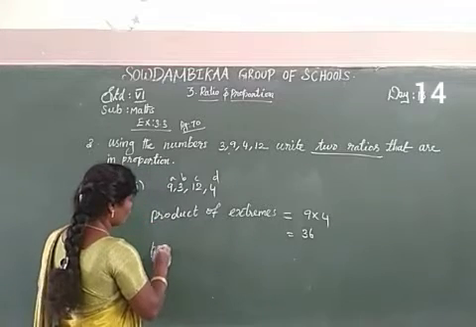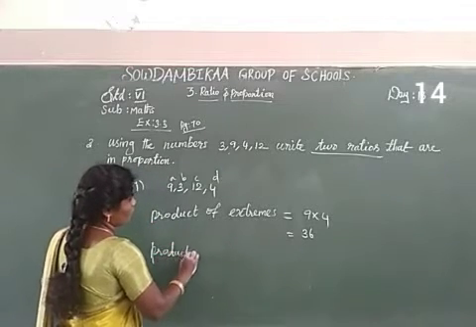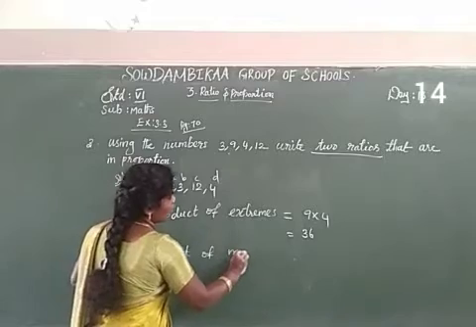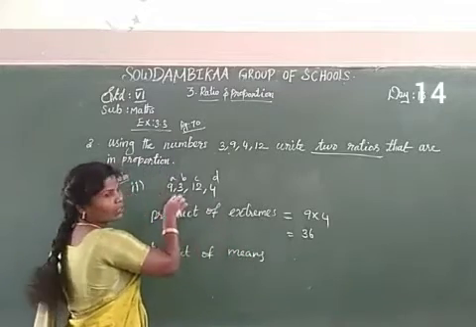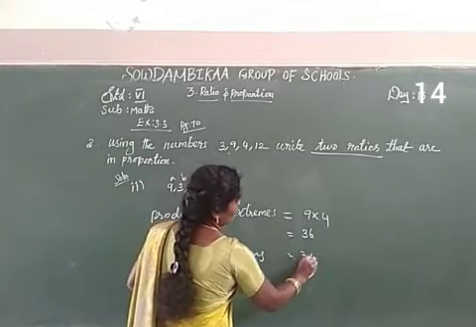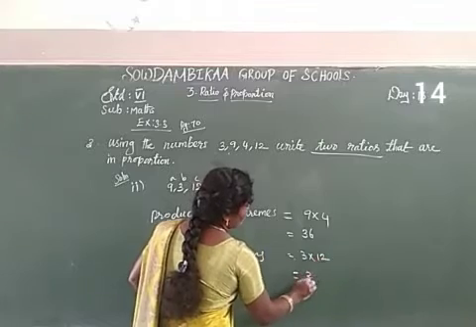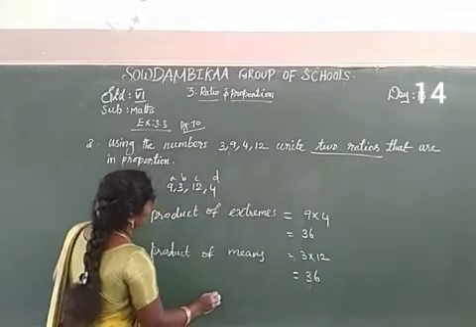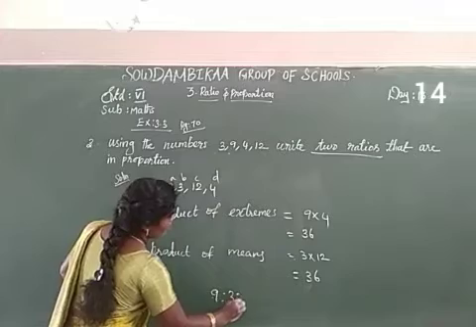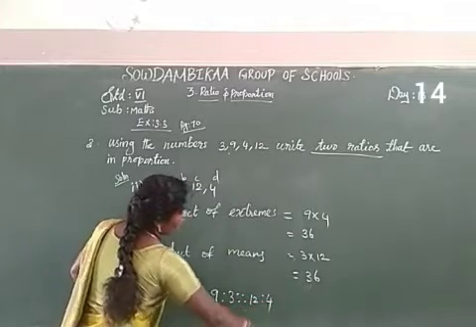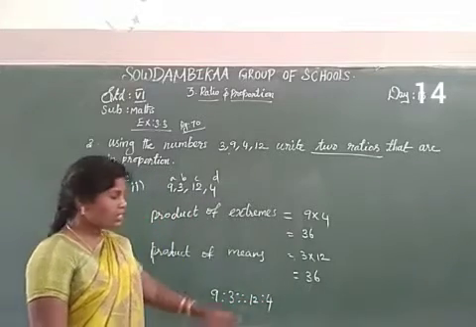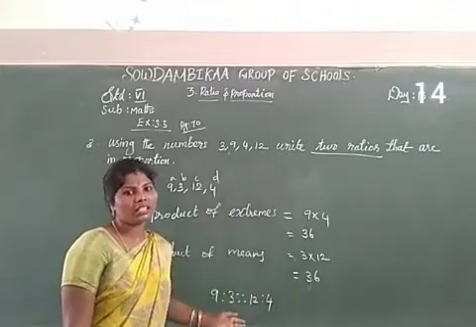Now product of means: 3 12s are 36. Now write the ratio. 9 is to 3 is equal to 12 is to 4. This is another ratio.